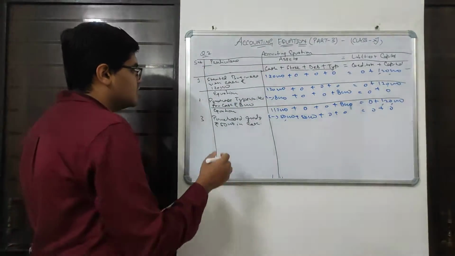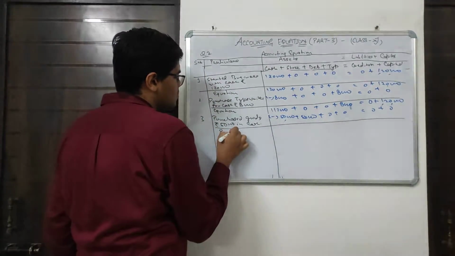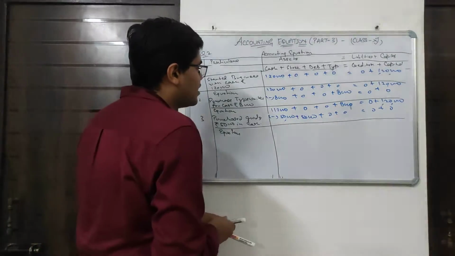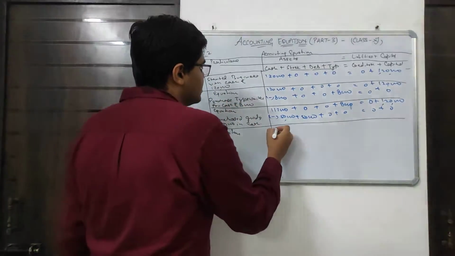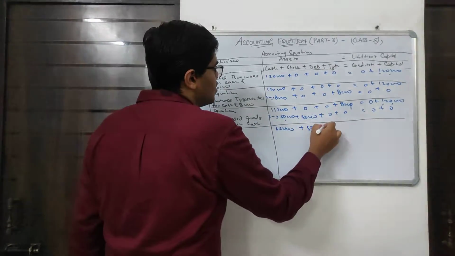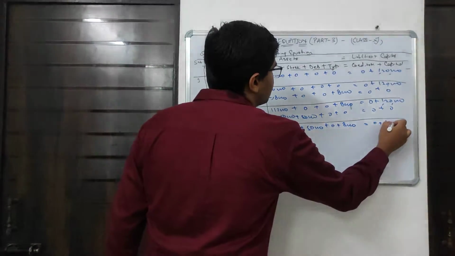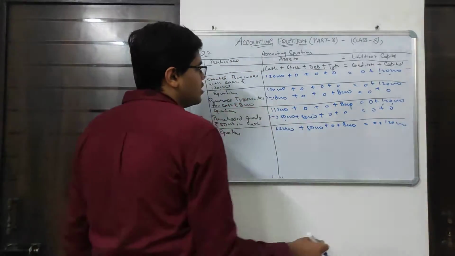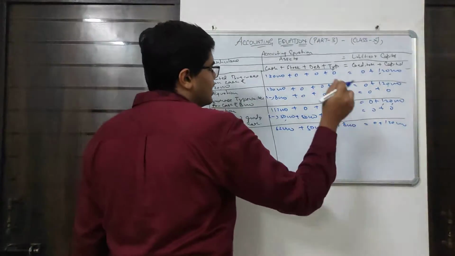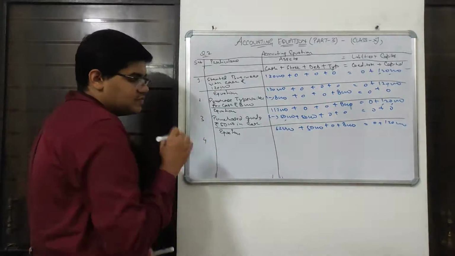Now let us frame an equation to see whether it is balanced or not. 1,12,000 minus 50,000, that is 62,000, plus 50,000 plus 0 plus 8,000 plus 0 plus 1,20,000. As you can see, the liability side is 1,20,000 and the asset side is 62,000 plus 50,000, 1,12,000, plus 8,000, that is 1,20,000. So moving on to the next transaction.